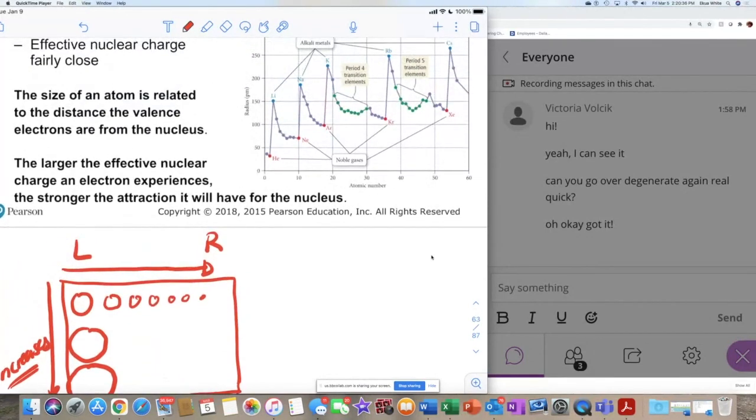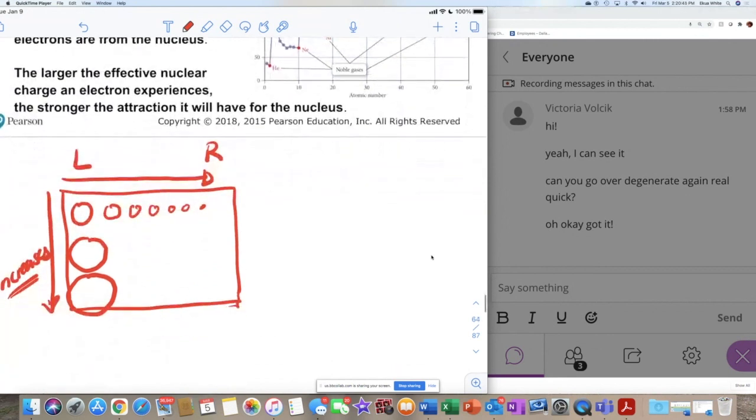Now I went from being the student that got so stuck on the details. I still do that, and it took me a while to learn the bottom line. So the bottom line is this: compare this size to this size. If you were to generalize, where would you say the smallest atom is in the periodic table based on the picture I just drew here? Where is the smallest and where do you think the largest is?